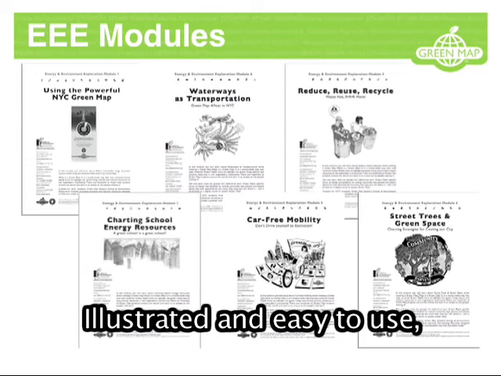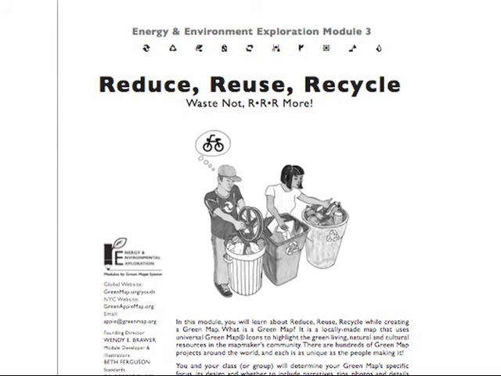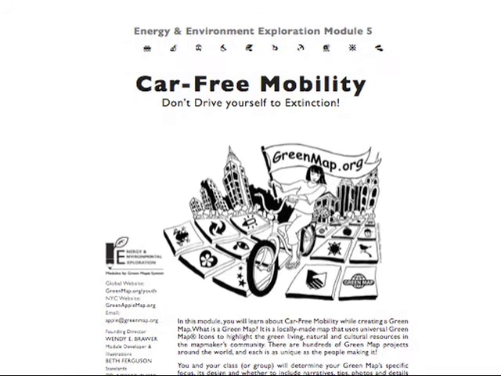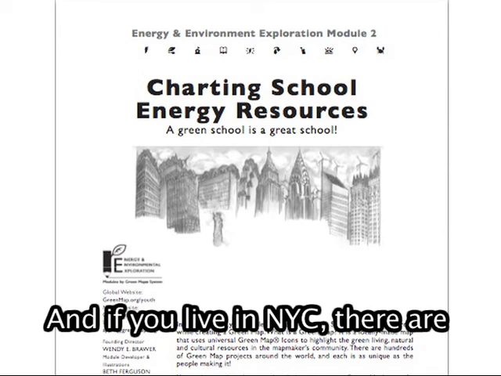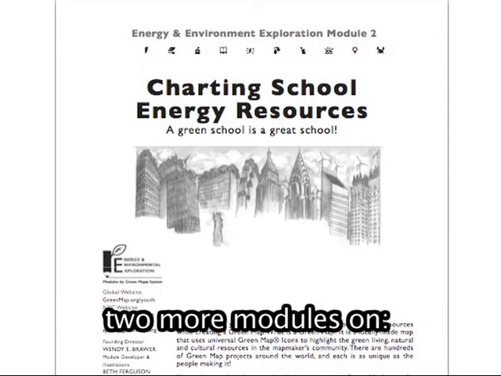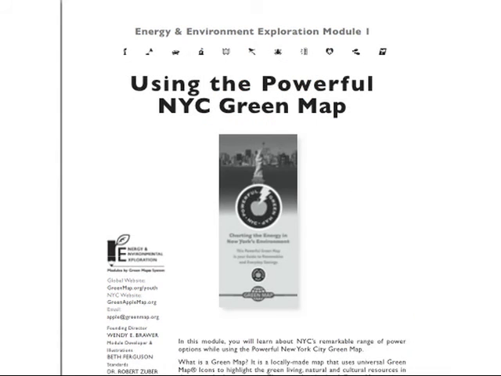Illustrated and easy to use, these modules include street trees and green space, reduce, reuse, recycle, car-free mobility, charting school energy resources, and if you're in New York City, there are 2 more modules on waterways as public transport and using the powerful NYC Green Map.